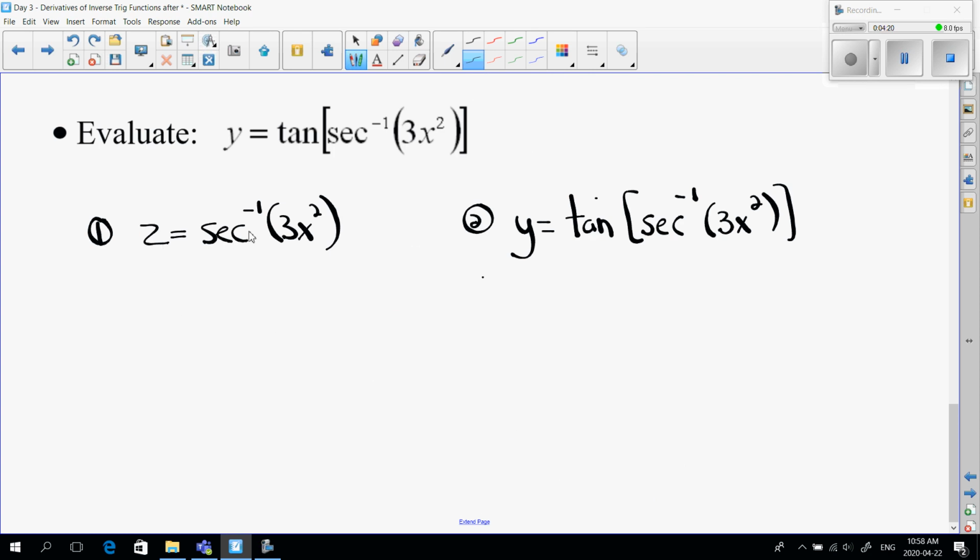Z is equal to the inverse secant of 3x squared, so that would mean the secant of z is equal to 3x squared over 1. Now remember, secant, we're dealing with the hypotenuse over the adjacent. Secant is the reciprocal of cosine. Let's make a little diagram.